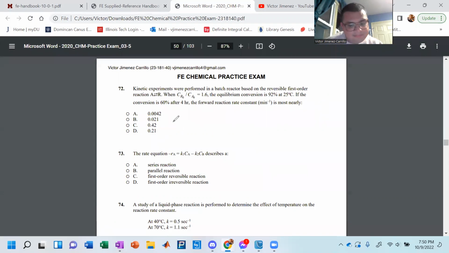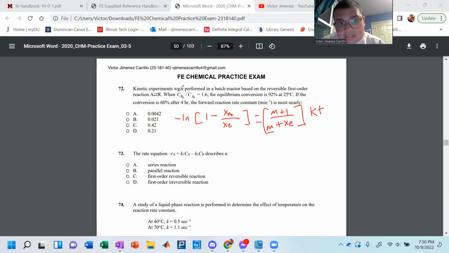This equation is negative ln of 1 minus XA over XE, times M plus 1 divided by M plus XE, equals KT, where M is this.